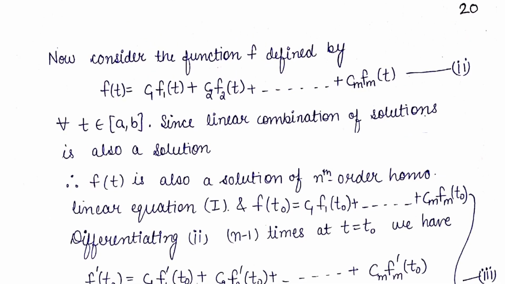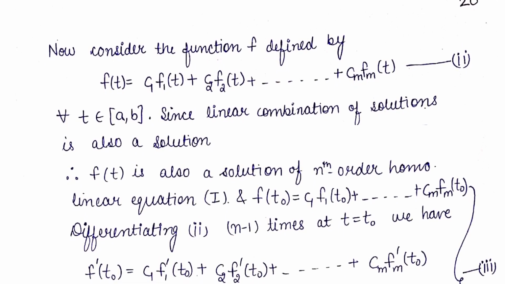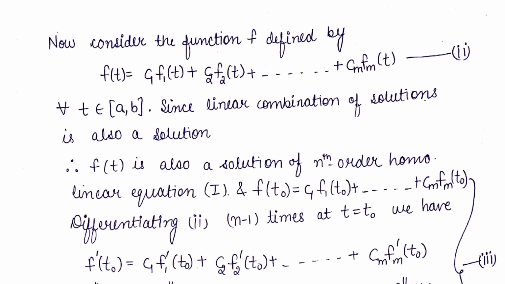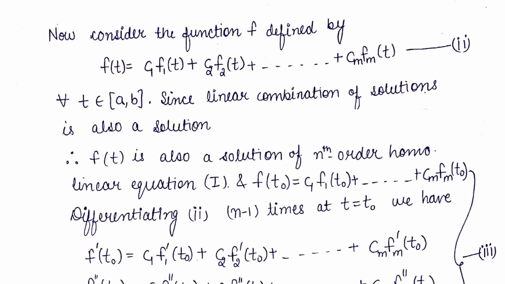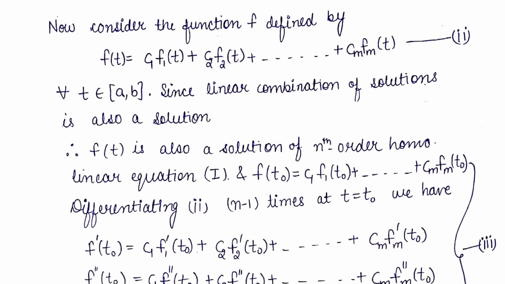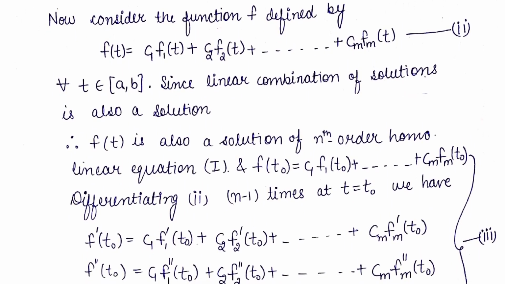And now, since we have to prove that F1, F2, Fm are linearly dependent, we will consider a linear combination of these F1, F2, Fm with C1, C2, Cm. So let Ft is equal to C1 F1t plus C2 F2t plus Cm Fmt, and we name this equation 2.